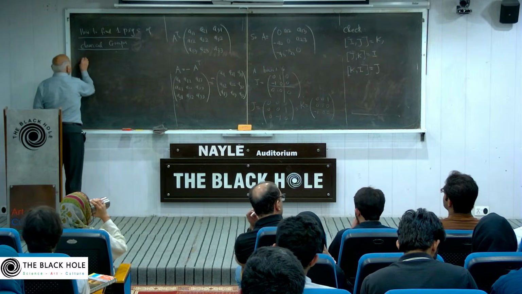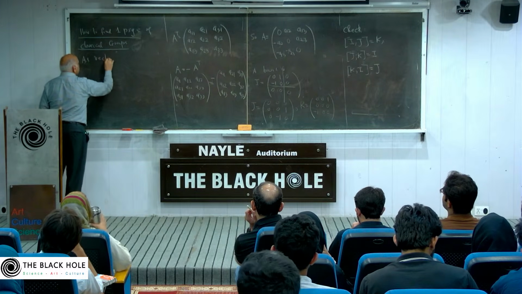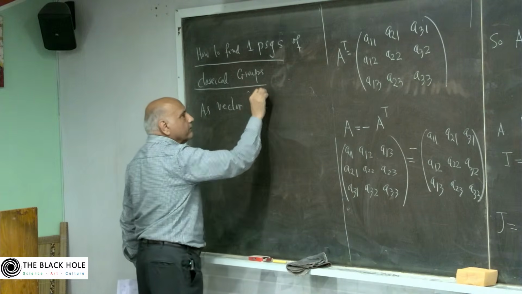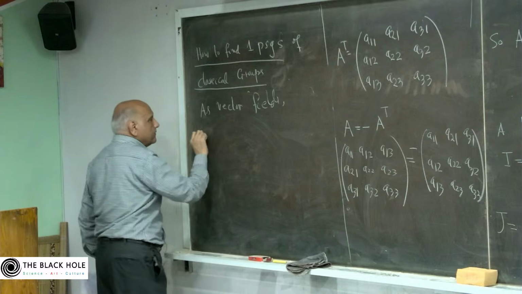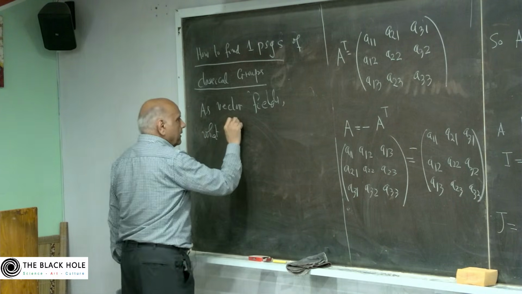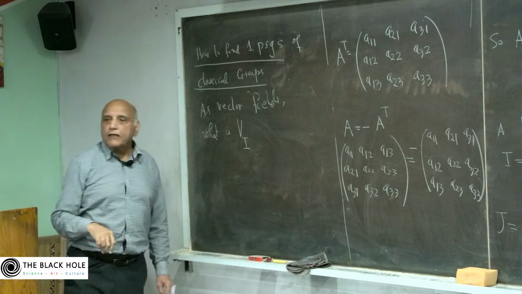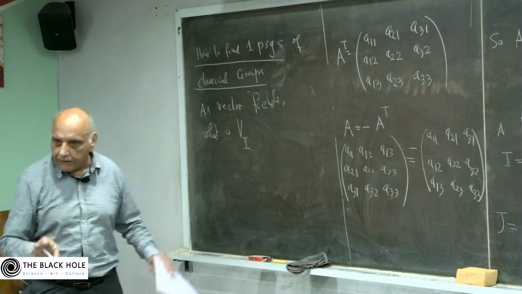So as vector fields, what is V_I, the vector field corresponding to I? So first of all, as a transformation, we always look at it as a transformation.